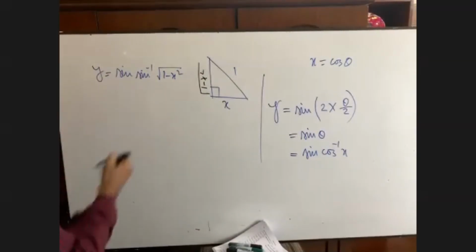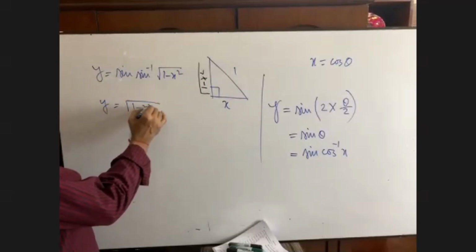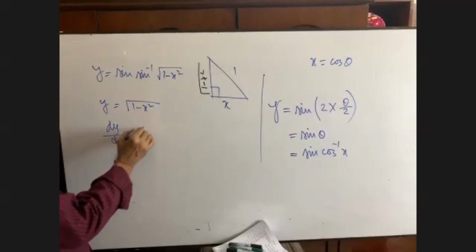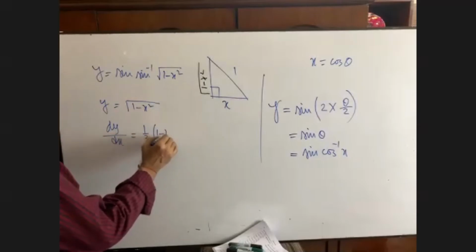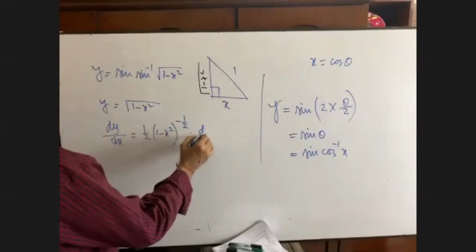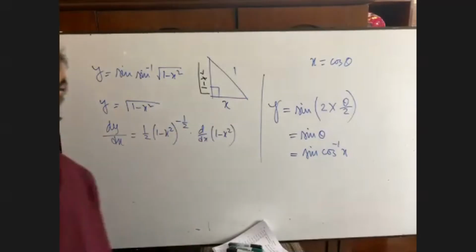So we are getting here y equals root over 1 minus x square. So dy by dx is equal to half 1 minus x square to the power minus half, into d by dx of 1 minus x square.